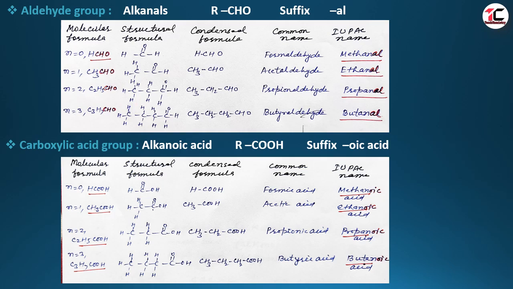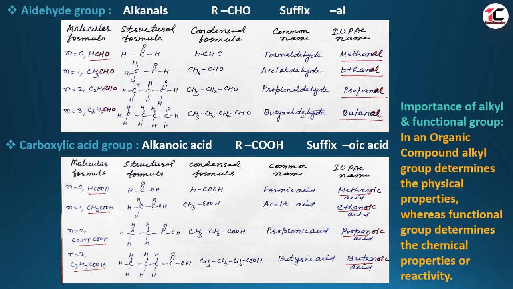If we take 3 extra carbon atoms, then the molecular formula becomes C3H7COOH. Condensed formula CH3CH2CH2COOH. Its common name will be butyric acid and IUPAC name is butanoic acid.